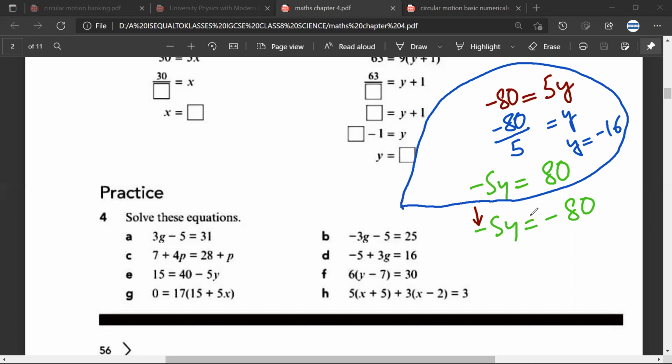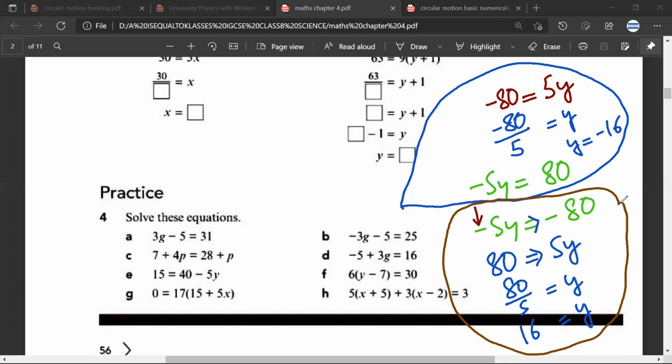So for example, if I want to make this y positive, I will change the directions. Satya, any doubt? No, sir. This is a common confusion that students have. Satya, any doubt? We can still discuss it further. No, sir.